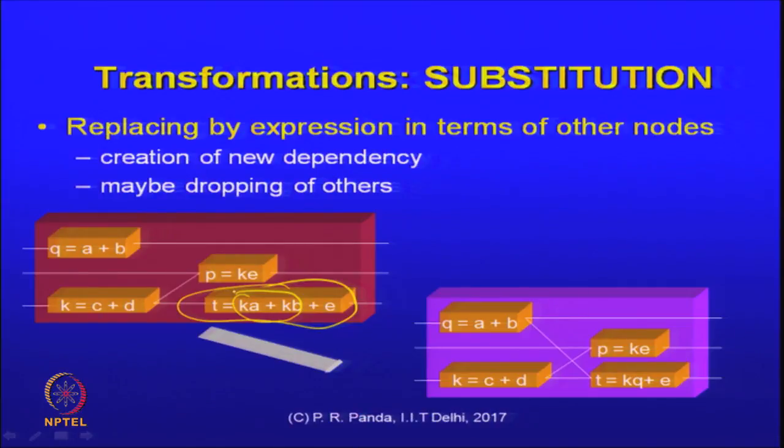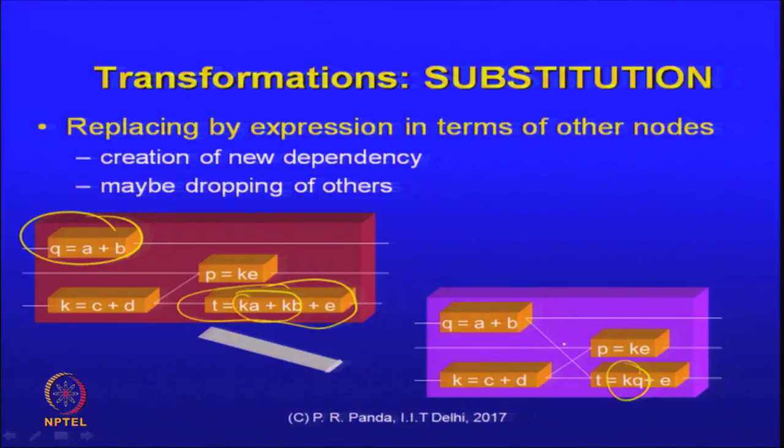I could replace that by K times A plus B, for example. Then instead of recreating that function K A, K B, I have not shown all the edges here. This one has the K, but it also has A and B as inputs there. But since Q is already computing A plus B, I can then realize this in terms of Q.